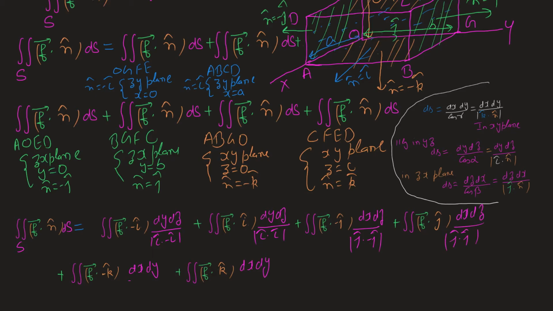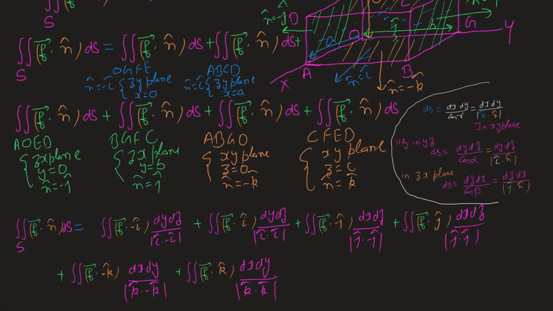In the case of the xy plane it is k dot n cap. Here it is minus k, so this will be k dot minus k cap, and this will be k dot k cap.